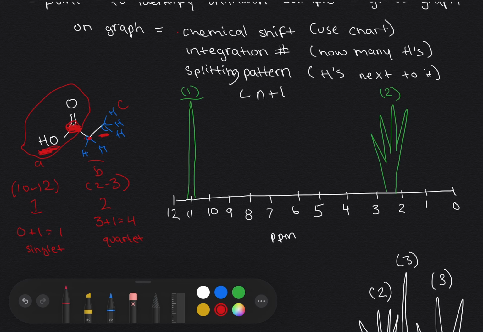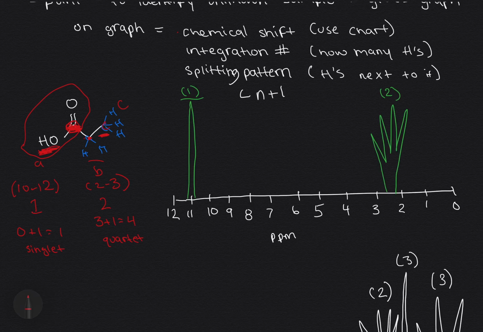Okay, so for the last one, we have CH3, a methyl group over here hanging on the end. It's next to another carbon with 2 hydrogens. We can look at our chart and it's probably just going to show a methyl group at approximately 1 as our chemical shift. And then, let's see the integration number. We have 3 hydrogens, 1, 2, 3. Integration number would be 3.